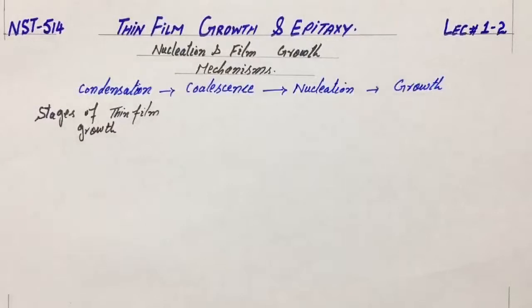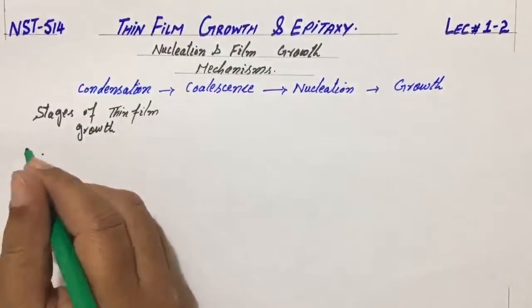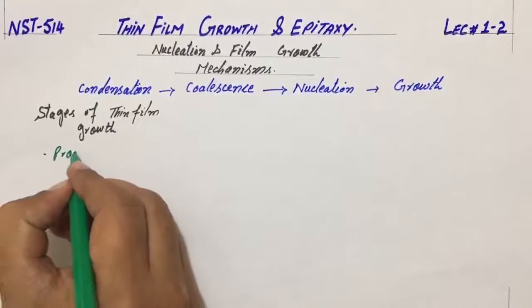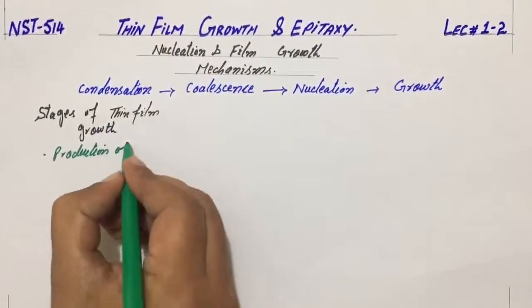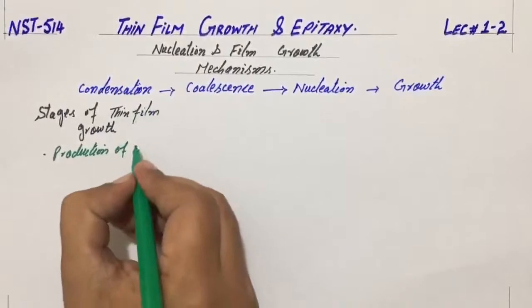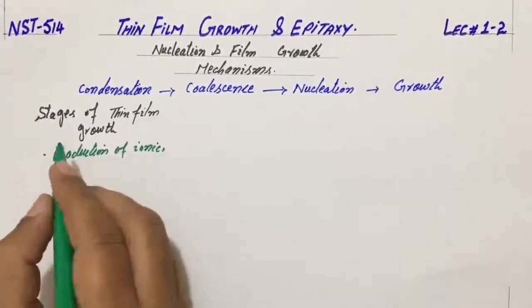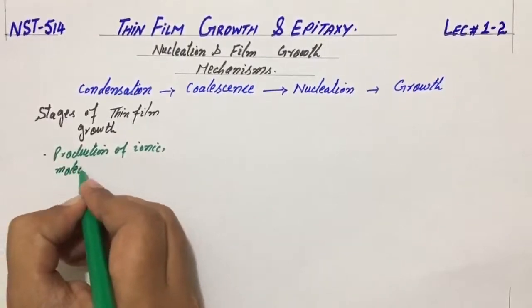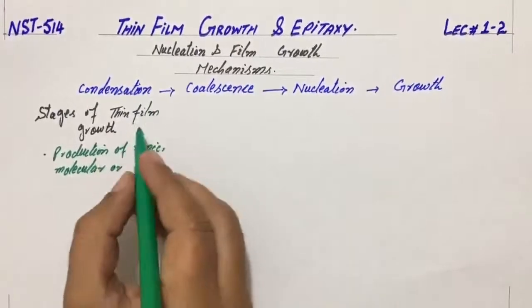The first stage is the production of ionic, molecular or atomic species in the gas phase.